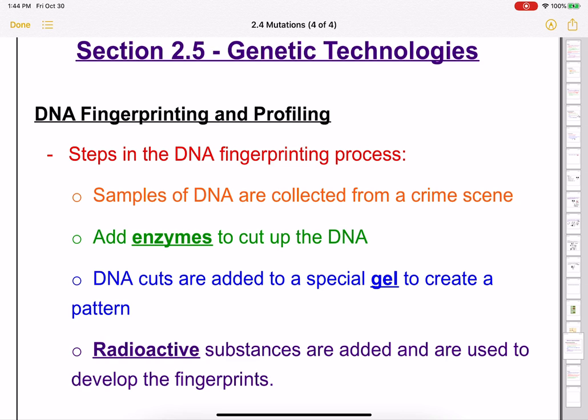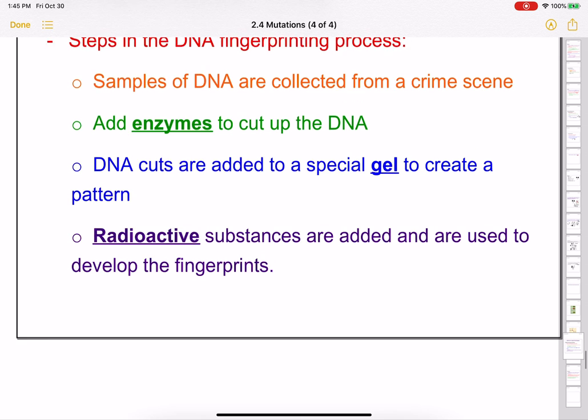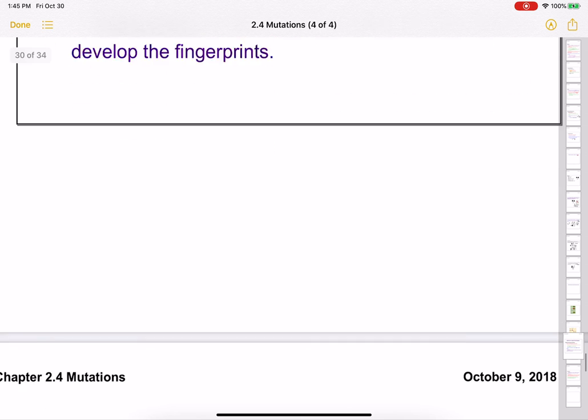use DNA fingerprinting. But anyway, the steps to do DNA fingerprinting are that we take a sample of DNA. It's taken from a crime scene. We add enzymes that will cut the DNA, and then the DNA will cut. Cuts are added to a special gel to create a pattern. Radioactive substances are added and are used to develop the fingerprints.